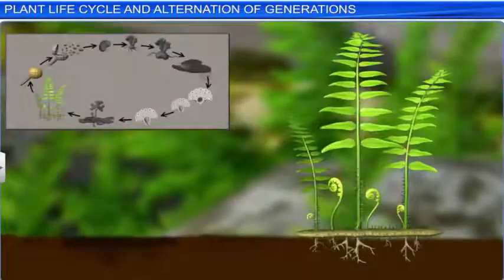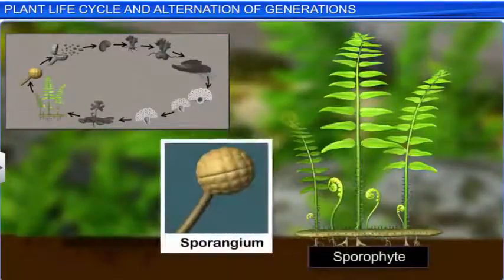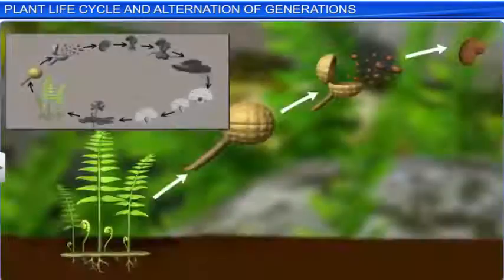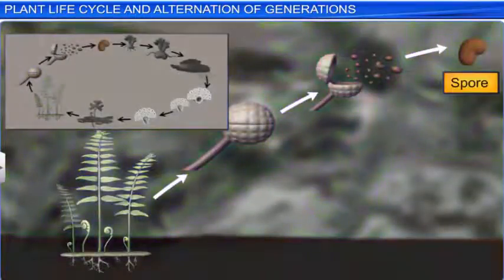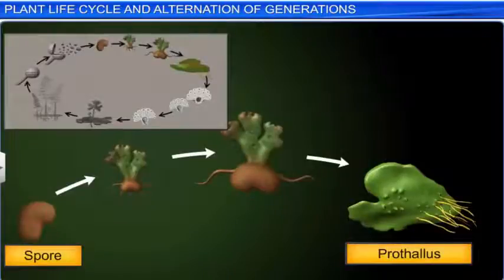In the life cycle of the fern, for instance, the main plant body, a mature sporophyte, bears sporangia, which produce haploid spores through meiosis. These spores undergo mitosis and germinate into a prothallus, a gametophyte with haploid cells.